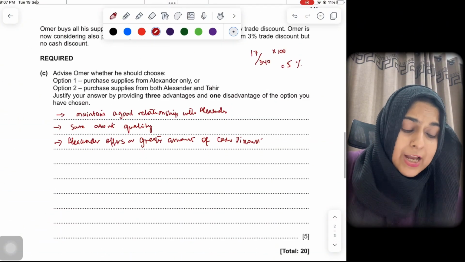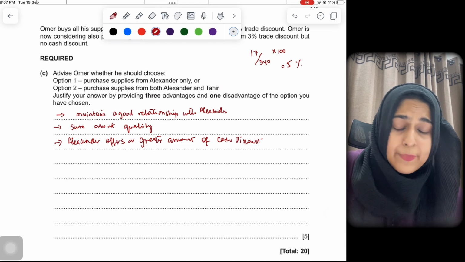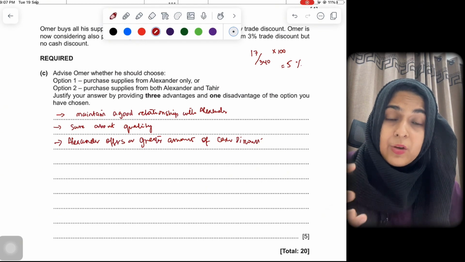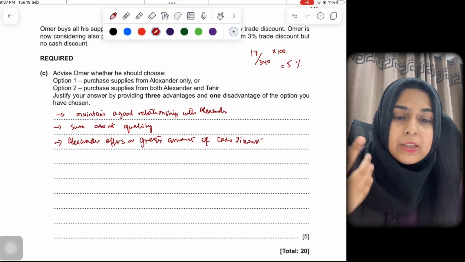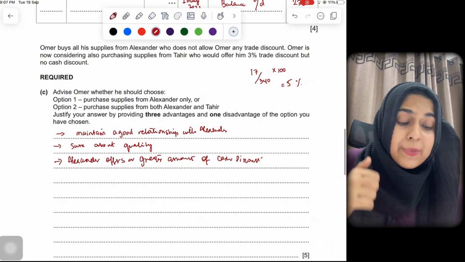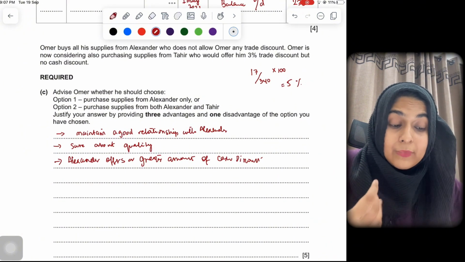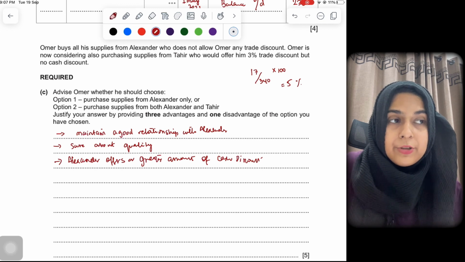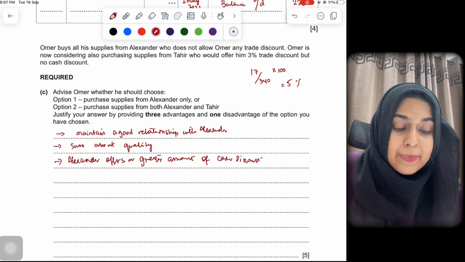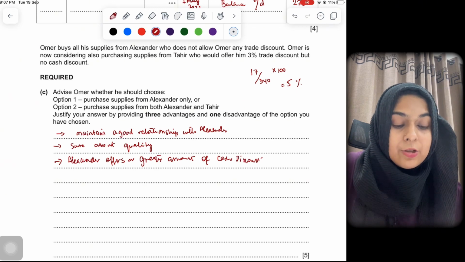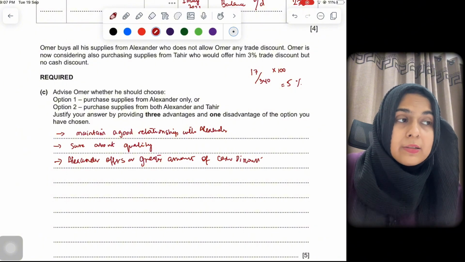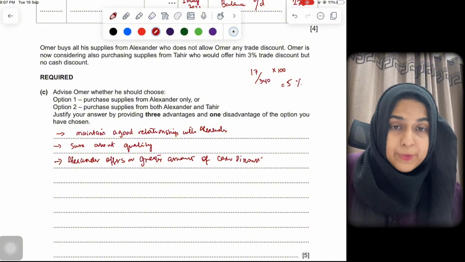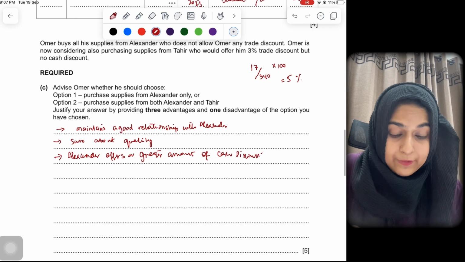So cash discount is dependent on the terms, that if we pay within the time we get a discount. But a trade discount is a sure discount that really reduces your cost. So if Umar buys from Tahir, he is very certain that he gets a 3% discount, and the cost of purchasing supplies decreases because of that.